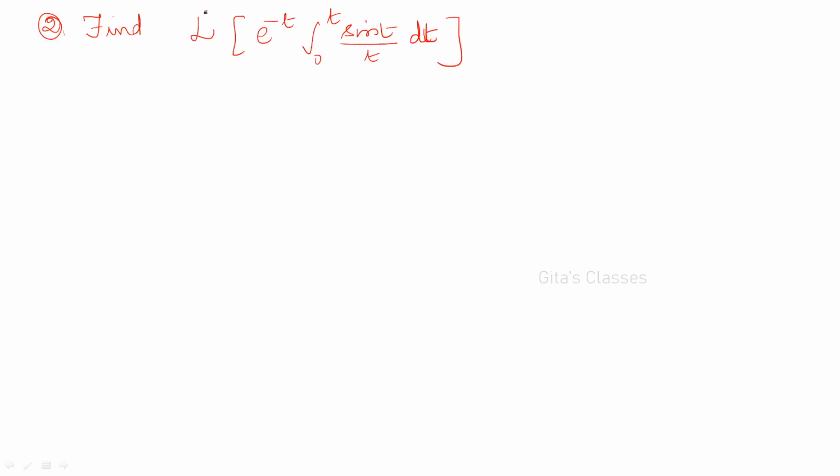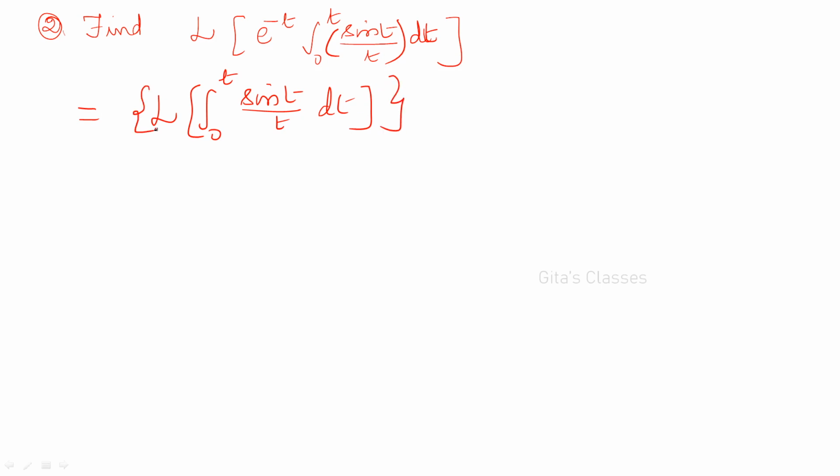L of e power minus t into integral 0 to t, where the integrand is sin t by t. After that integral only you have to use e power minus t. So whenever it is multiplied by e power t or e power minus t, without this e power minus t, you have to find L of integral 0 to t sin t by t dt, in which s should be replaced by s plus 1.